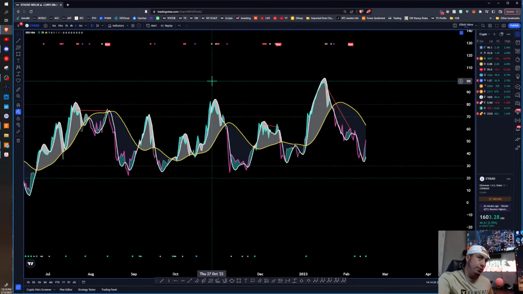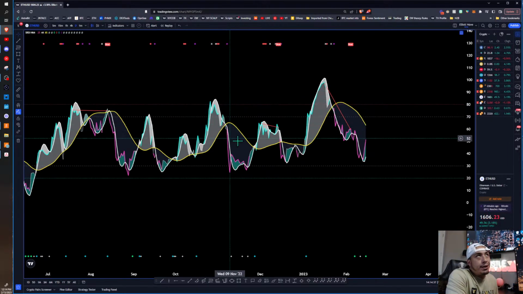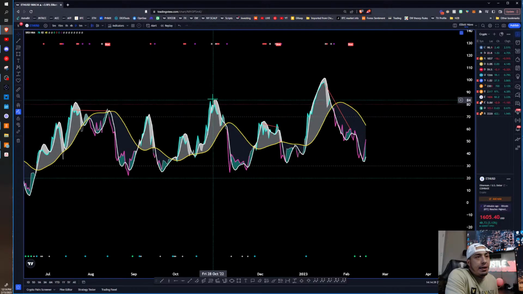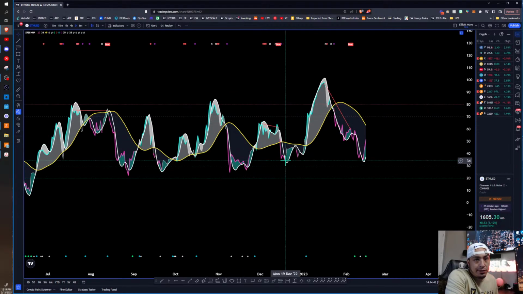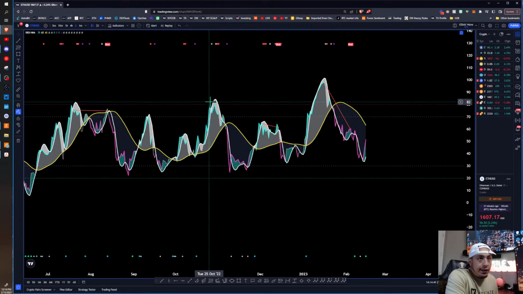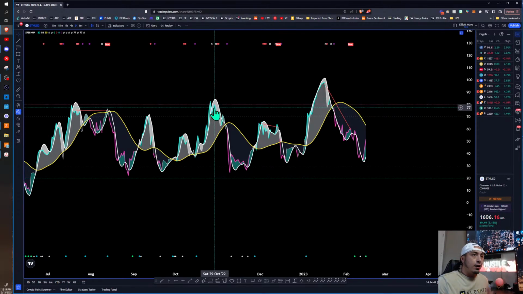There's many ways to use this indicator. There's many ways to take trades off it. The biggest one we're going to be talking about is where you get a long-term divergence, like from this point to this point, or this point to this point. Again, these are divergences, but on a lower scale, like on a scalping type of movement.